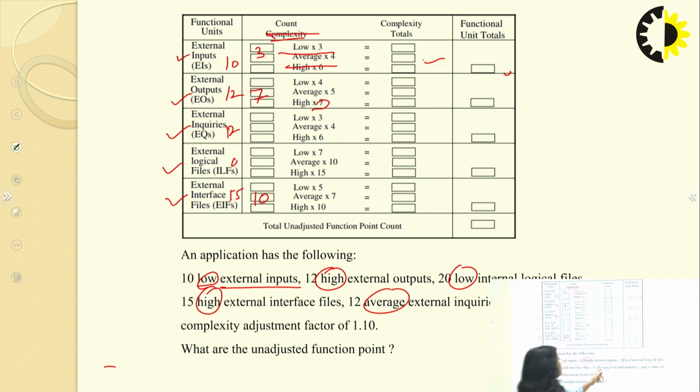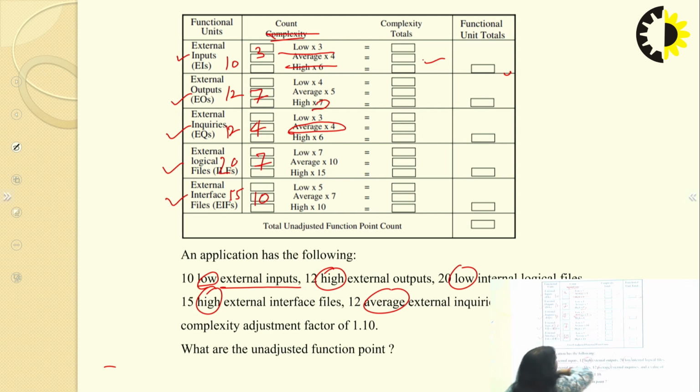External inquiries are average in nature, so we provide 4. And the last one is external logical files, which are low in nature. Low in nature means we provide 6.